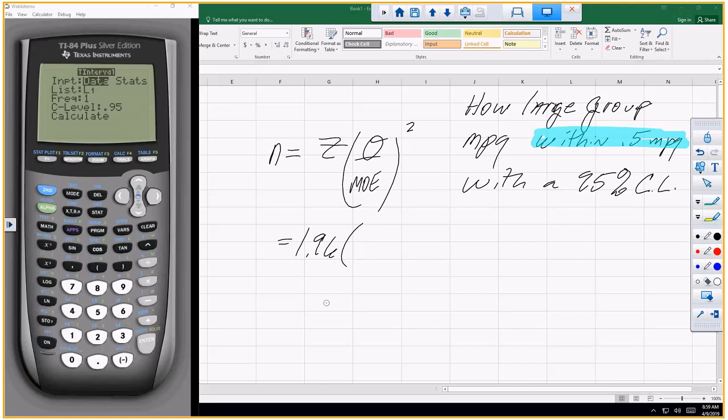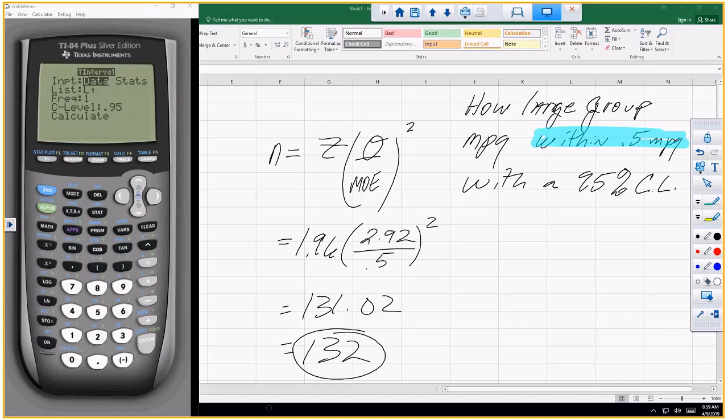Times my standard deviation, 2.92, over 0.5. And you should get 131.02. So that means you're going to survey 132 people that own a 2002, or you're going to pull 132 cars.